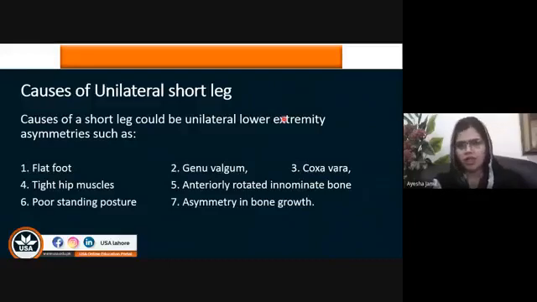The femur develops asymmetrically compared to the other bone, or the tibia develops asymmetrically compared to the other bone. So these are the causes where unilateral short leg can be seen, besides other causes such as polio and so on.